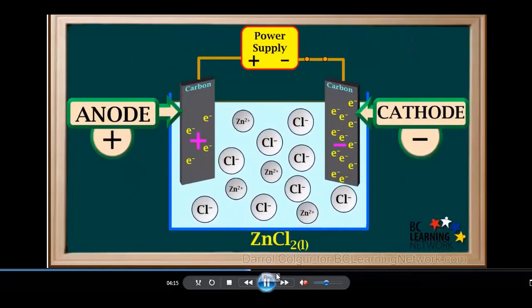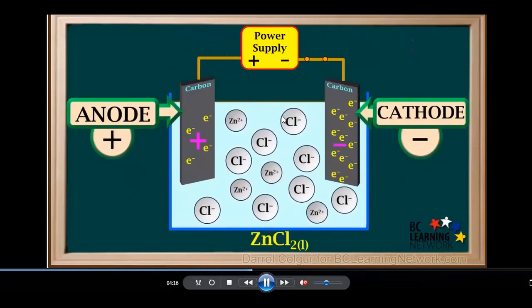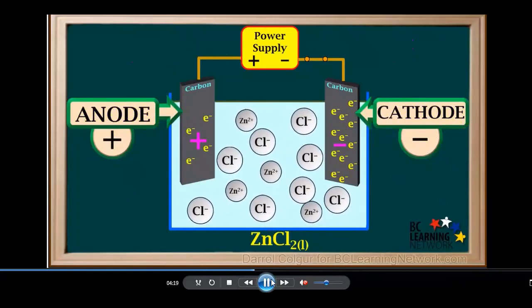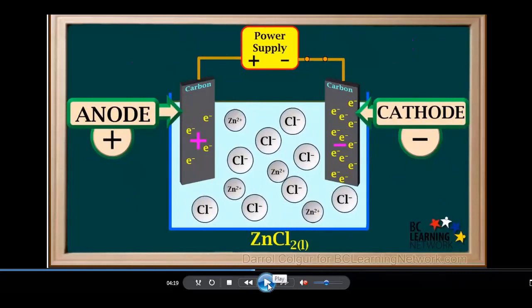Let's take an example for this electrolysis. Here we make electrolysis for molten zinc chloride. Here it is molten, not a solution, and we will find a different situation. When we have a molten salt, the only cations and anions in the container come from the salt.